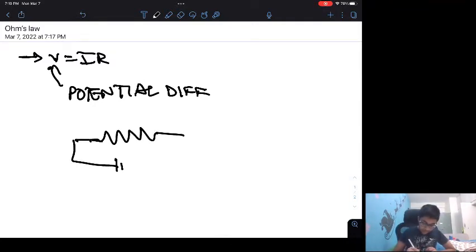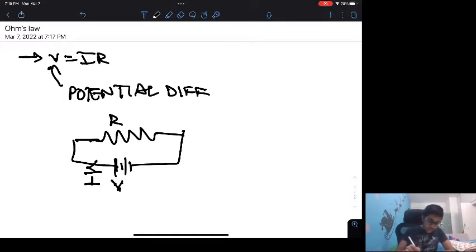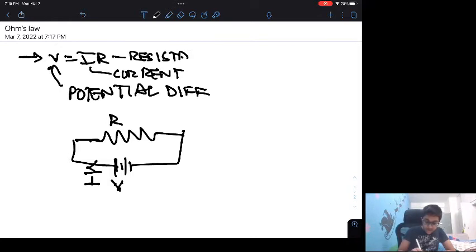Imagine connecting this to a battery of voltage V. Current is going to flow through it, and this is the resistance with resistor R. Now I is of course the current through the resistor, and R is the resistance of the resistor.